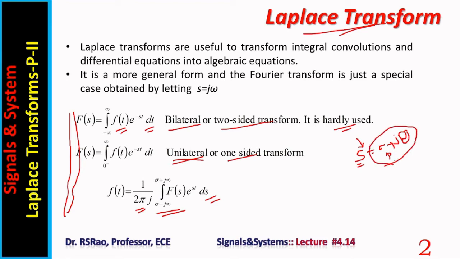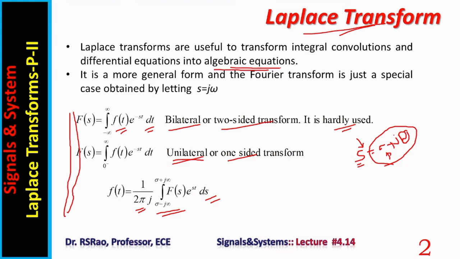Before moving further, one or two important points regarding Laplace transforms. Laplace transforms convert integral convolutions and differential equations into algebraic equations. Algebraic equations are easy, simple, less difficult to deal with.